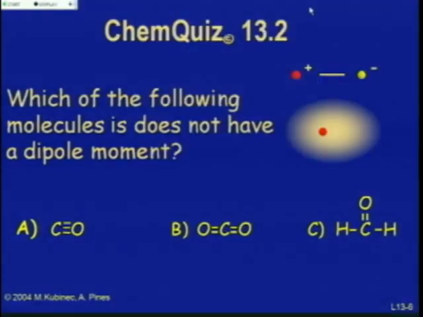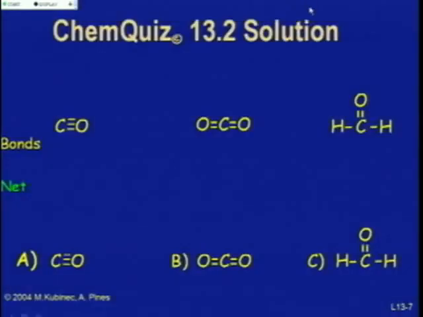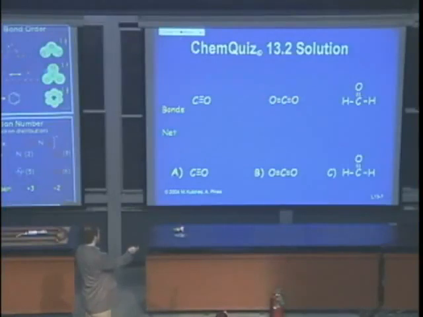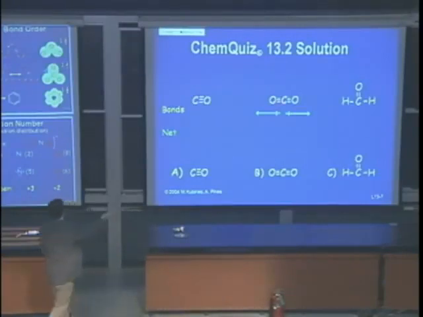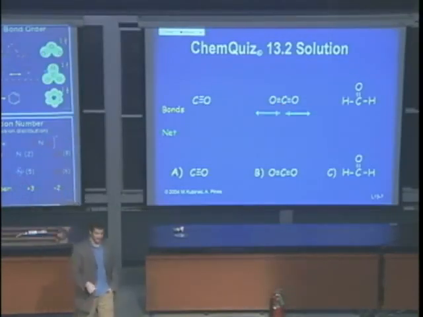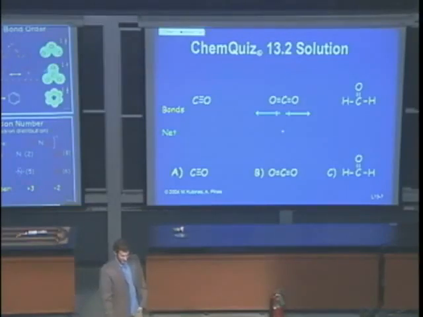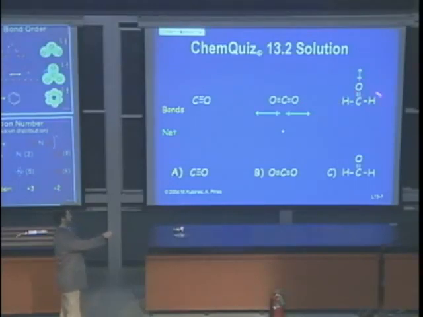So, for completeness' sake, let's work through this. So we have carbon dioxide here. If we look, yes, the CO bonds have a dipole, but since this is linear, they're equal and in opposite directions and they're going to cancel, much like this case right here. So that's our carbon dioxide. If we look at formaldehyde, we have this polar CO bond. Now, the magnitude of this dipole is much greater than the magnitude of these.